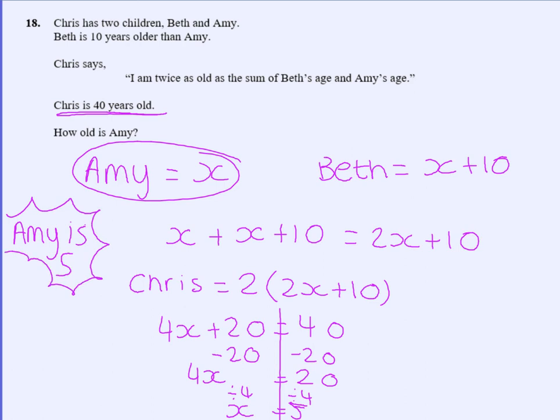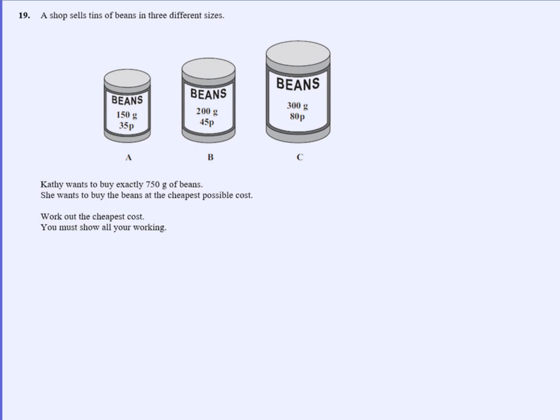Okay, and then coming on to question 19. The shop sells tins of beans in 3 different sizes, and Kathy wants to buy exactly 750 grams of beans. So working out the cheapest cost, we're going to have to write down all the different ways in which we can make 750 grams of beans.